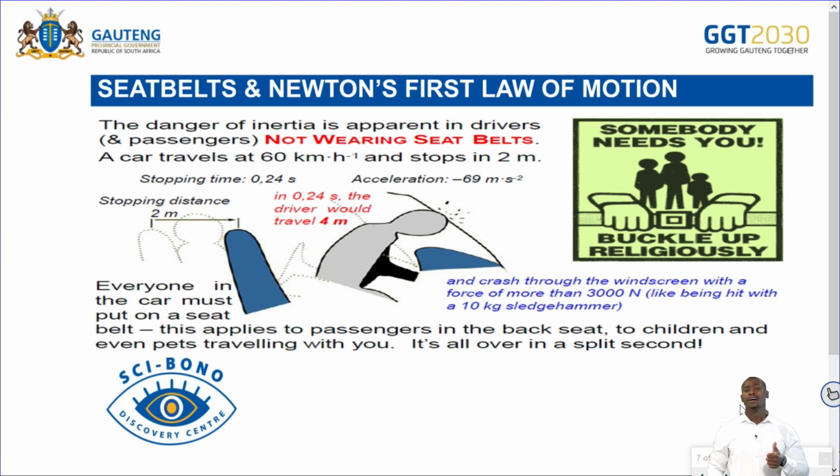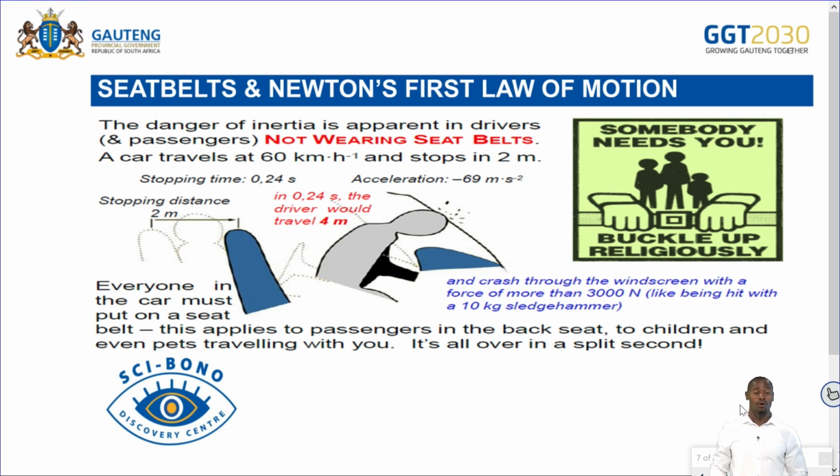So now, when it comes to cars, for example, let's say you are not wearing a seat belt. A car is moving at a velocity of 100 kilometers per hour. You inside that car, as a driver or a passenger, are also moving at that speed.